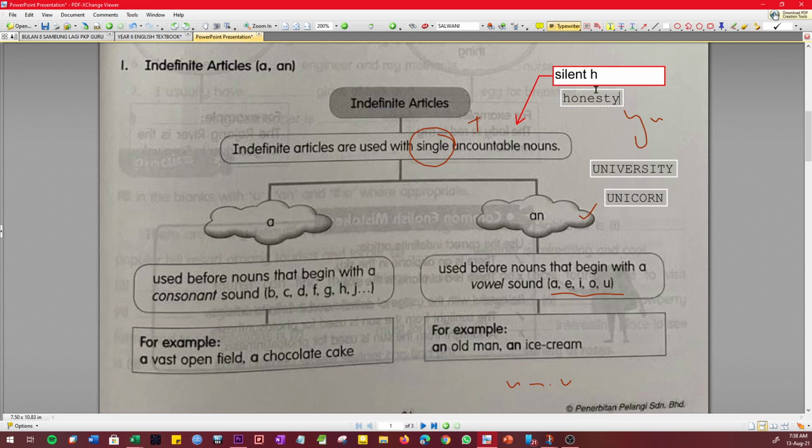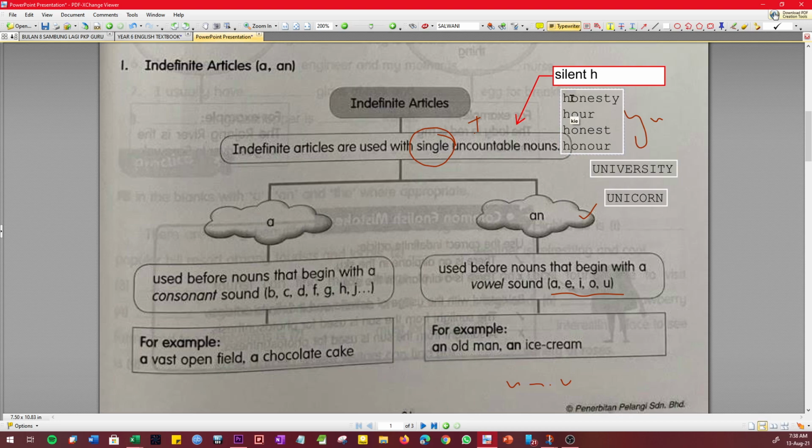honesty, hour, honest, honor. Okay, nampak? Kalau kamu sebut handset honor tu, jenama honor tu, right, kita tak sebut H, H tak bunyi.